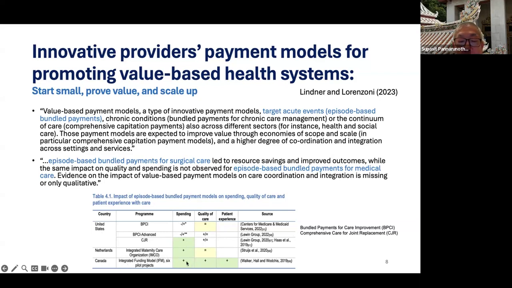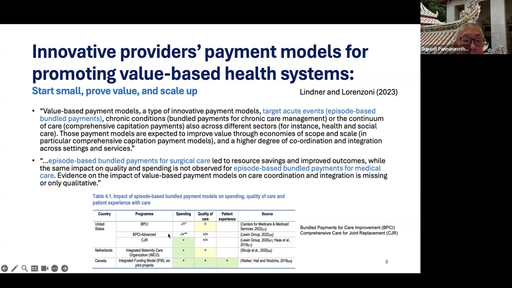In the example in Canada, the integrated funding model pilot projects can prove positive for 3 dimensions: spending, quality of care, and the patient experience.